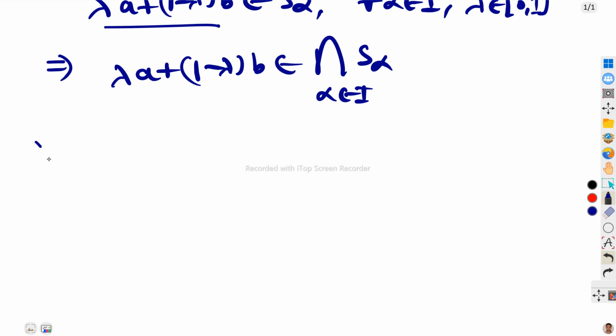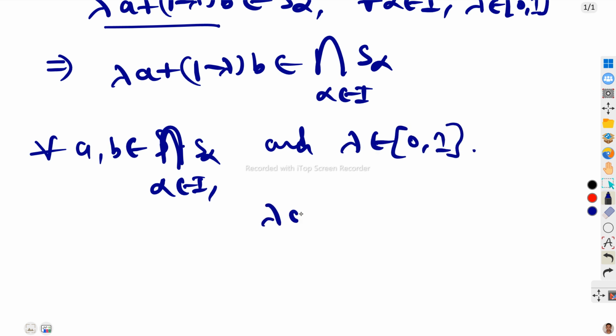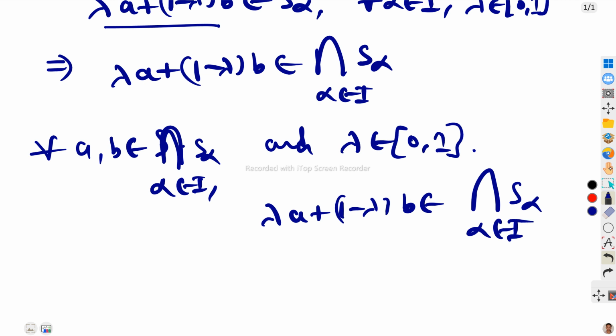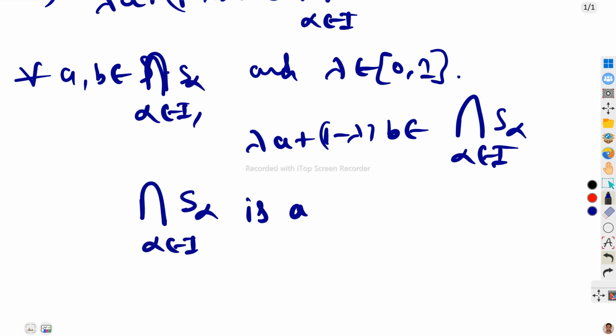We have shown that for every A and B in the intersection of this family, and lambda between 0 to 1, lambda A plus 1 minus lambda B is also in the intersection of the family of these sets. So this is the definition of a convex set. So the intersection is also a convex set.